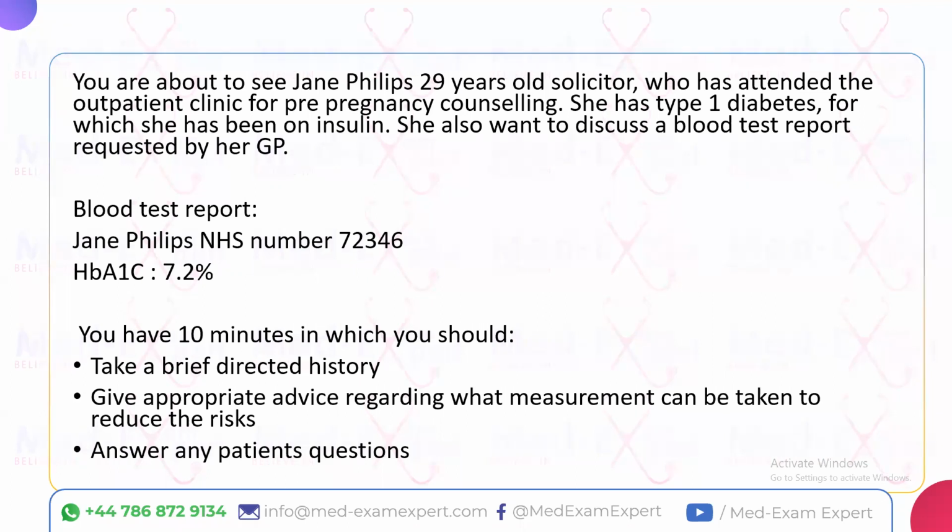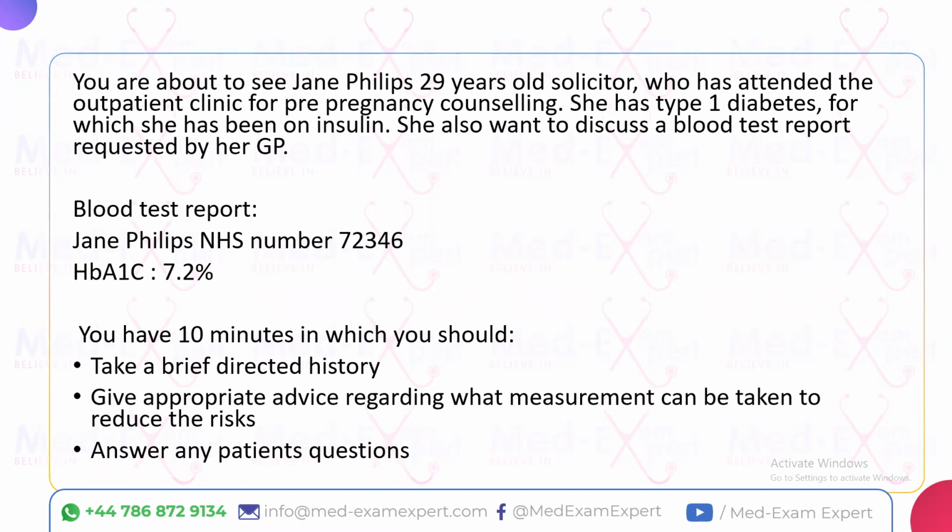Okay, so starting off, Jane, can you please tell me more about your concerns or what your expectations are specifically from today's appointment? Yeah, so me and my partner, James, we have decided that we should start a pregnancy and settle down and start our family of our own.